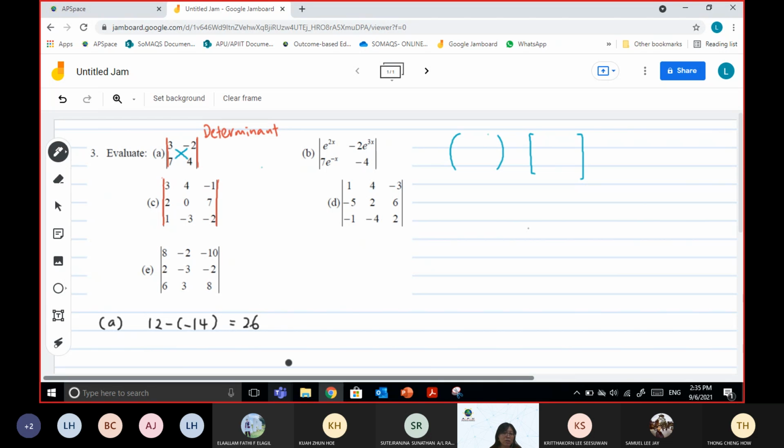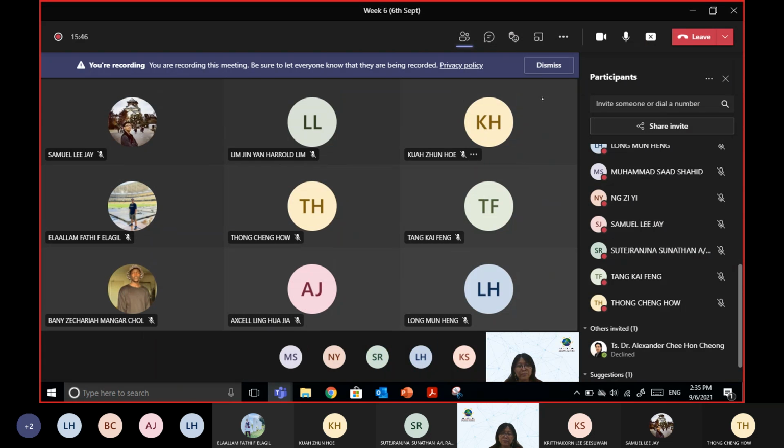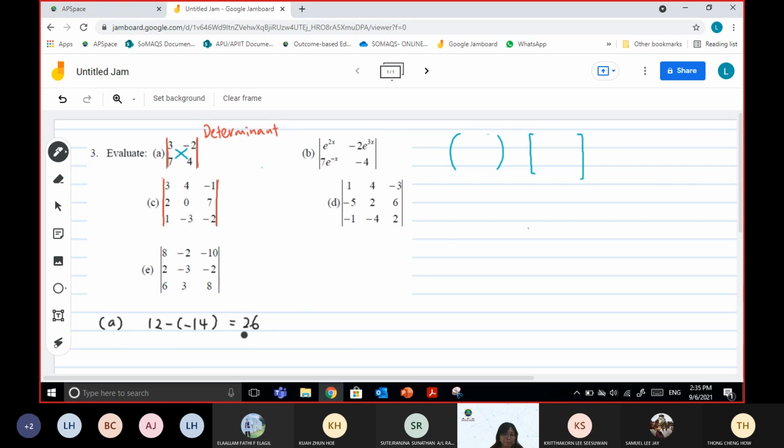Can I have the solution for B? Is there any one of you who can give me the solution for B? Okay, Cheng Hao, do you have a solution for B? Yes, Miss. Okay, can you snap the photo? Yeah, sure. Thank you.